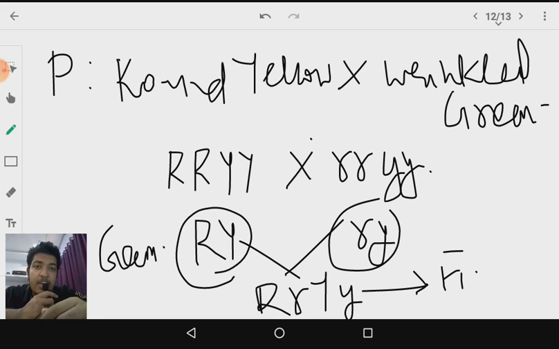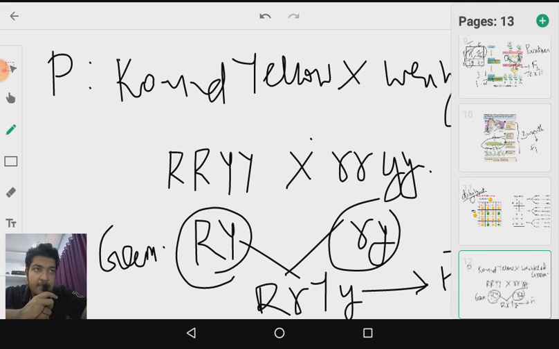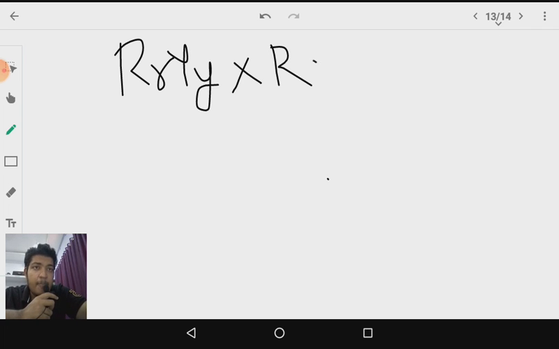Next, we are going to carry out the process of selfing of the F1 to get the F2 generation. Let me take the process of selfing on the next page. Capital R, small r, capital Y, small y is selfed with capital R, small r, capital Y, small y. Now there is a problem: how many different types of gametes will be produced by this and by this? 4, and here also it is 4, because it is a heterozygous condition.